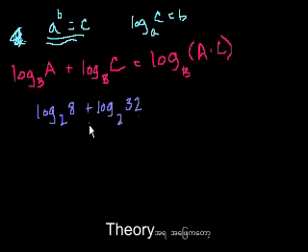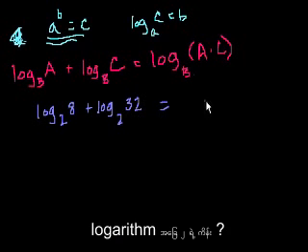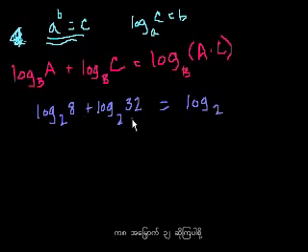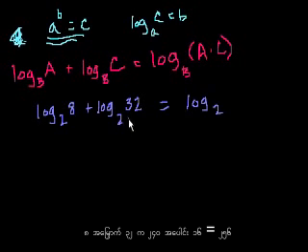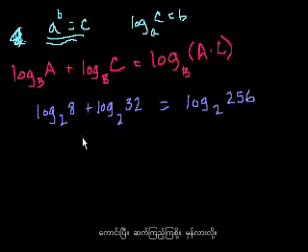In theory, if we believe this property, this should equal logarithm base 2 of what? Well, 8 times 32. So 8 times 32 is 240 plus 16, 256. Let's see if that's true, just trying out this number.